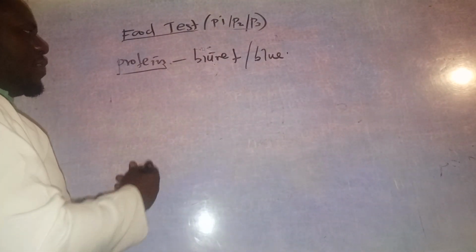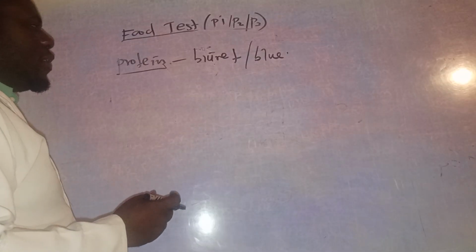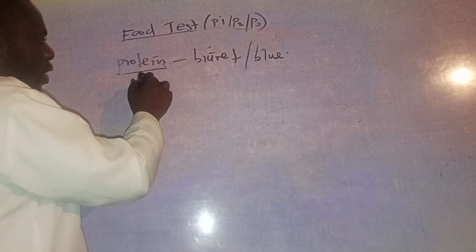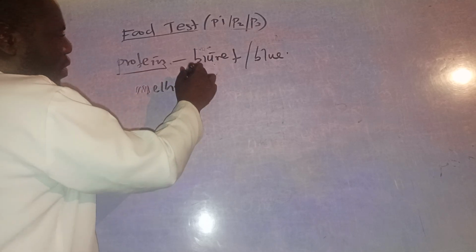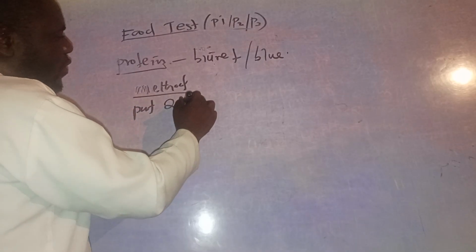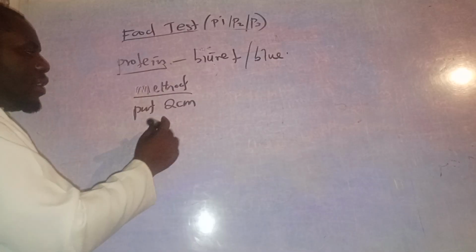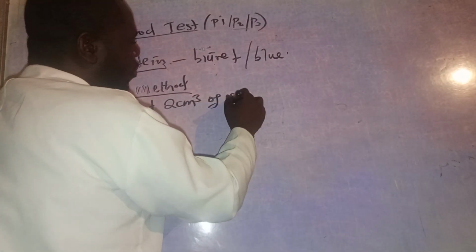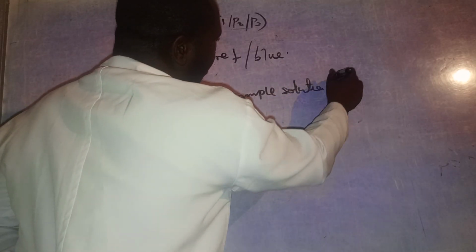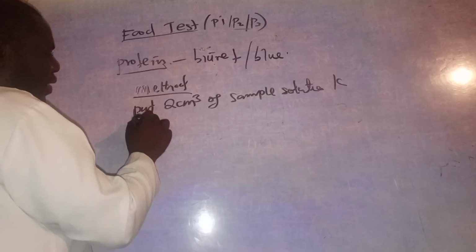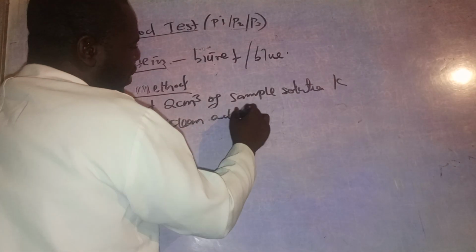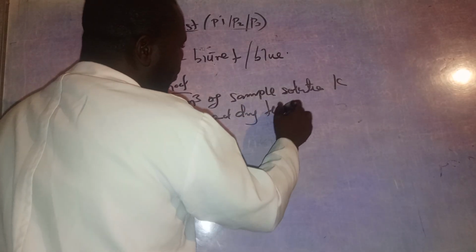So after extracting the liquid, we now have a solution. So the method: number one, you put 2 cubic centimeters of sample solution in a clean and dry test tube.